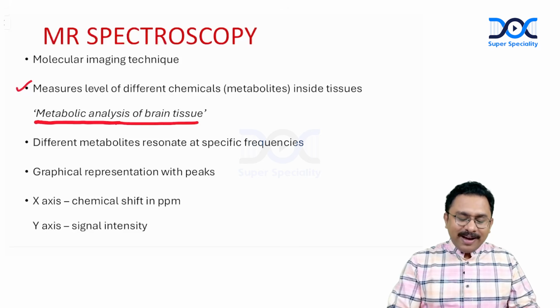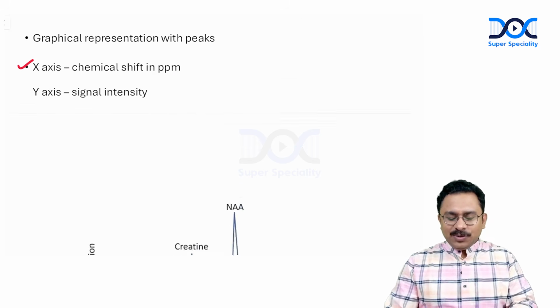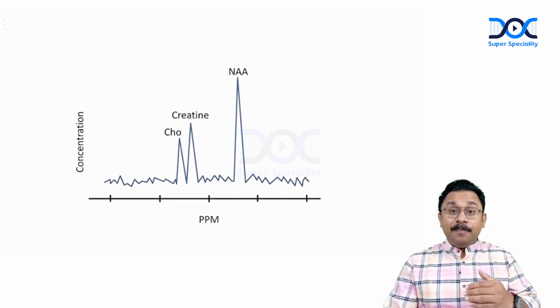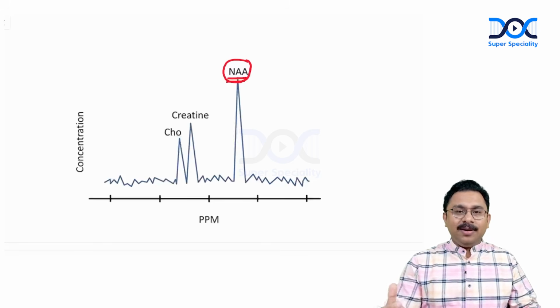In this graph, the x-axis corresponds to the chemical shift in ppm, and the y-axis corresponds to the signal intensity. Just to show a few of the major peaks, one is the NAA peak. NAA is the marker of neuronal integrity.